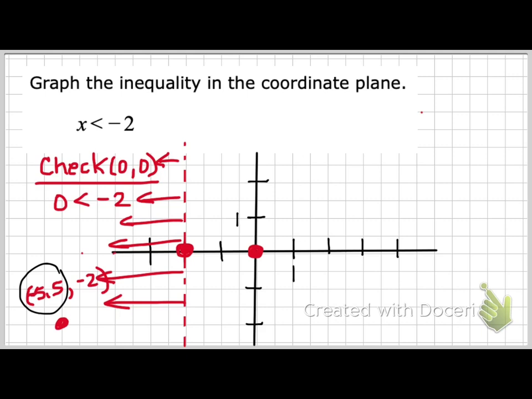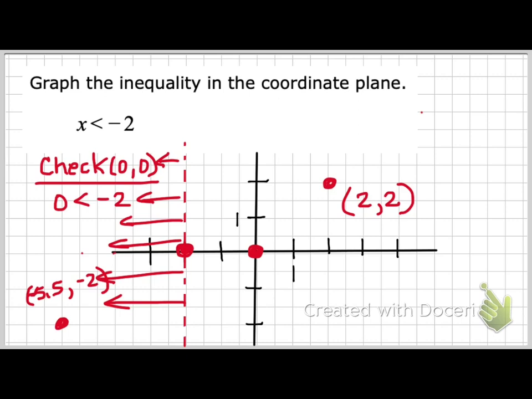It's negative 5.5. So that is a solution. If I pick a point over here, that point there is at 2, 2. Is x for that point less than negative 2? No, it's not. So if you just slow down and even look at a point or a couple of points, you can be sure that you're keeping the sense of things and representing the solution correctly on these problems.